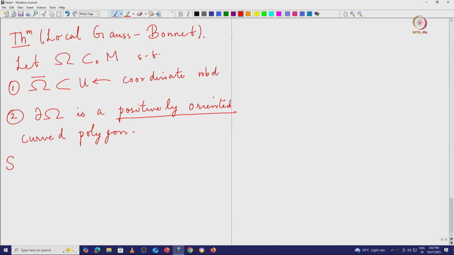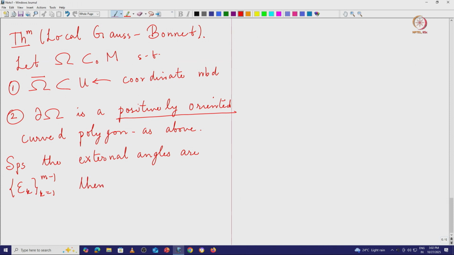So, suppose the external angles as above. I am going to use the notation from above where we defined what a curved polygon was. Suppose the external angles are epsilon k, where k goes from 1 to, let us say, m minus 1. So, it is a polygon with m minus 1 vertices.